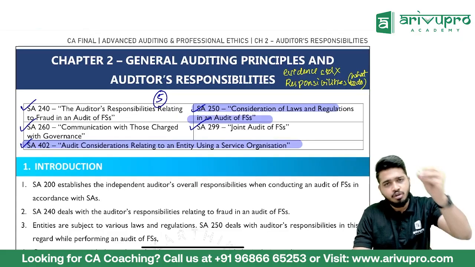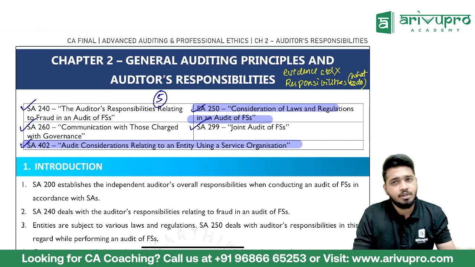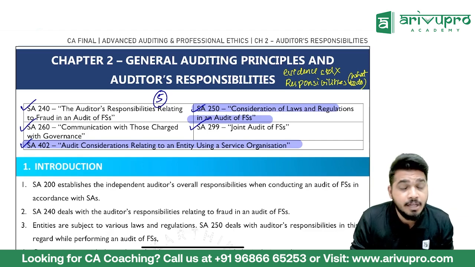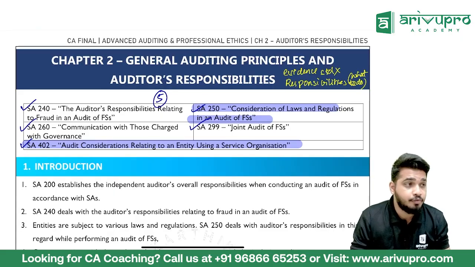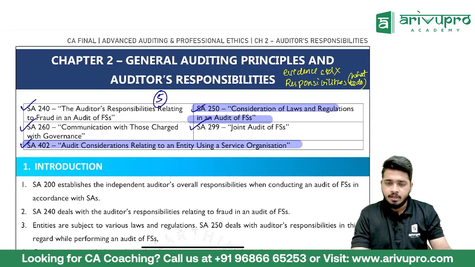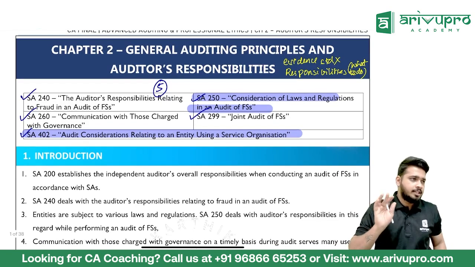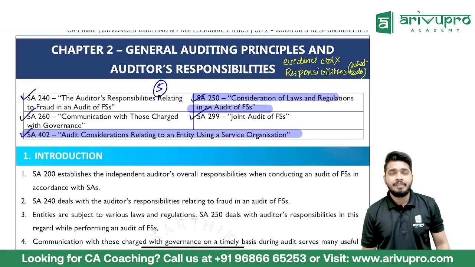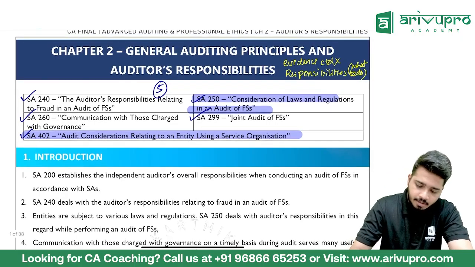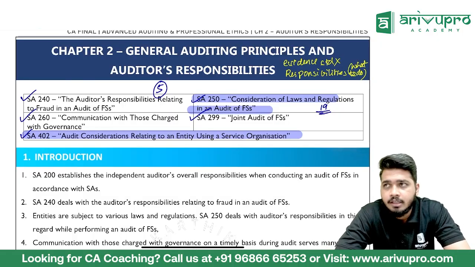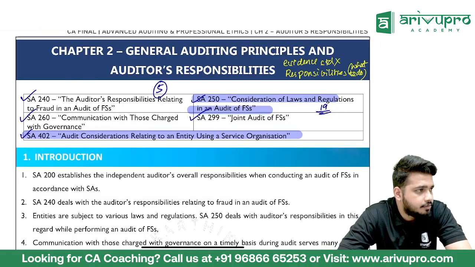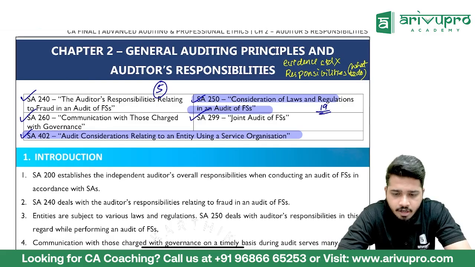SA 260 we have also seen in inter, in the completion and review chapter. There we have seen 260, 265 and 450 together. SA 250, a glance we have seen in chapter number 19, if you remember. Non-compliance of laws and regulations, remember?